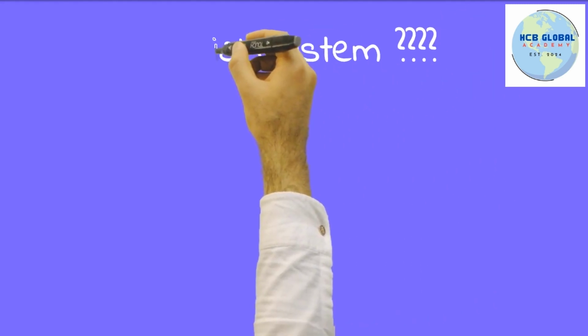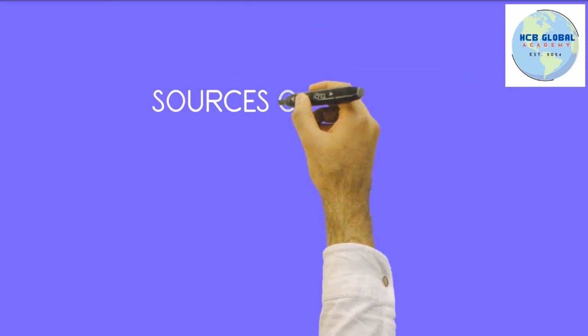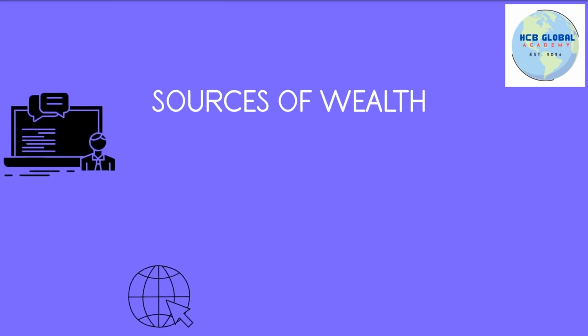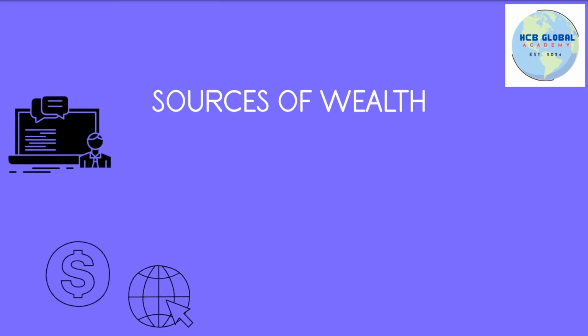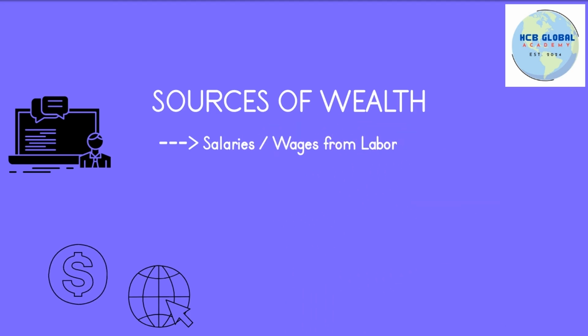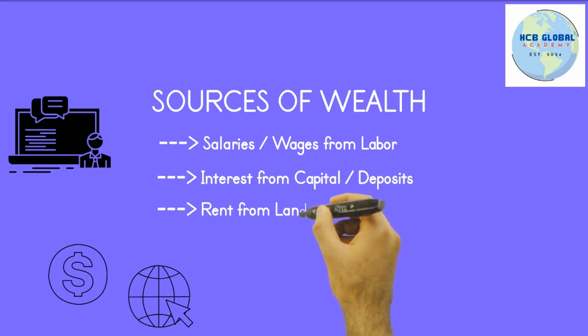Understanding the financial system requires knowing the sources of wealth, which can be generated through various means. Initially, individuals rely on family support for basic needs. Education lays the foundation, leading to employment and getting salaries or wages through labor. Earnings enable savings by getting interest from deposits or capital, and then asset acquisition, such as land, generates wealth via rent or business use.